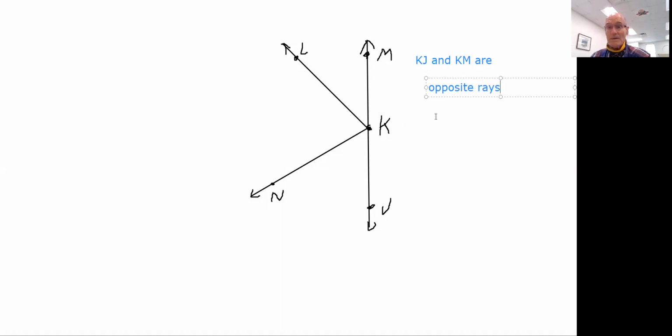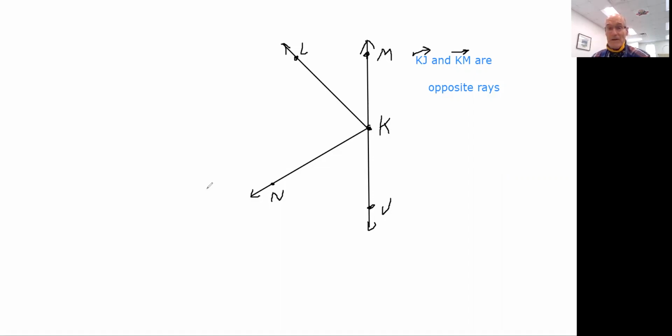Okay, now, I remember if they're rays, they have these arrows on top of them like this and like this. Now, opposite rays mean that they form a line, and that means M, K, J are collinear.